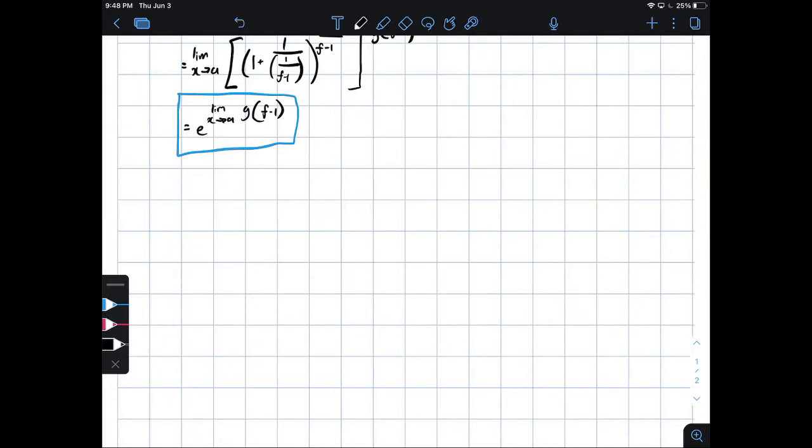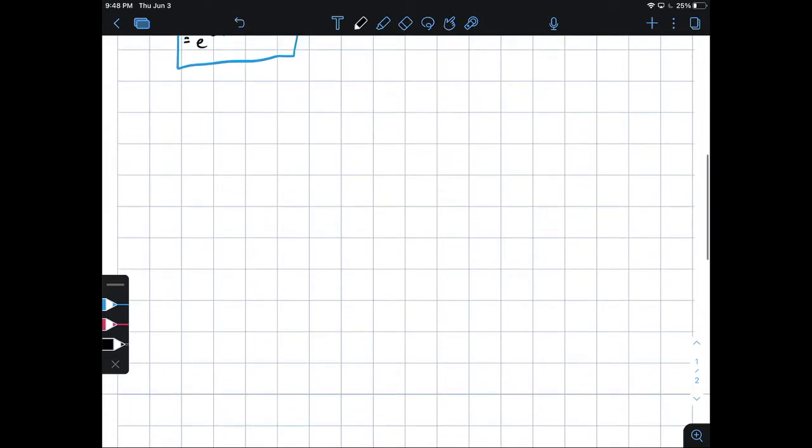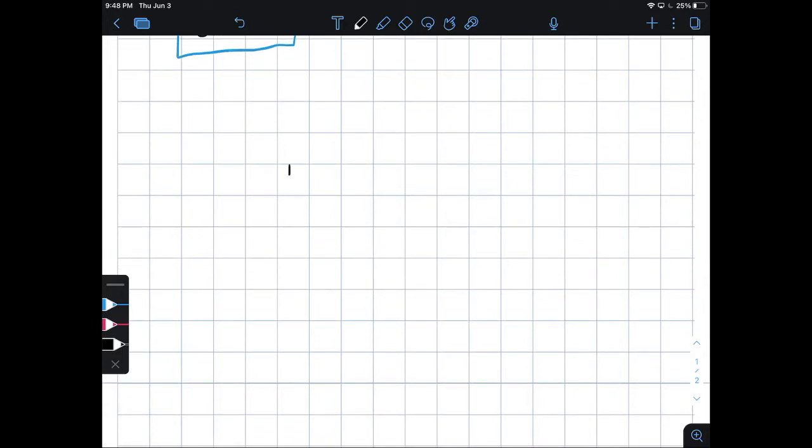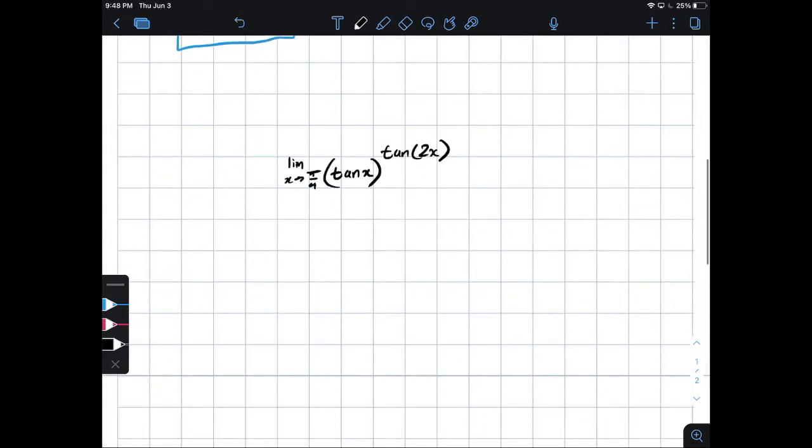But now I'll show you the cool integral. I'll write it on this page and then we'll move to another one. So the integral that I found on Instagram is the limit as x approaches pi fourths. Let me give you a hint, that's going to be trigonometric, of tangent x to the tangent 2x. It kind of seems like a mouthful, but it's not that bad. It could be worse.